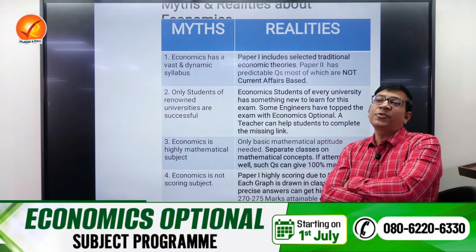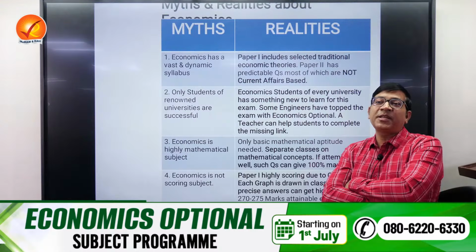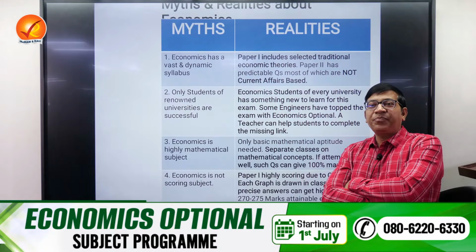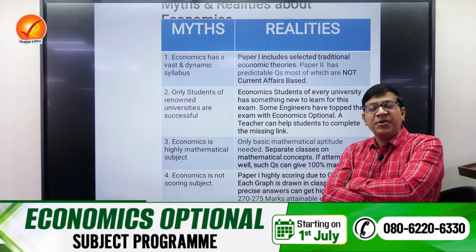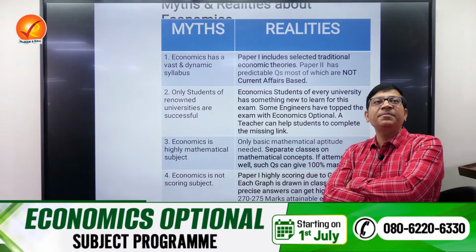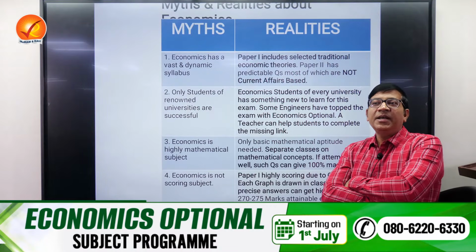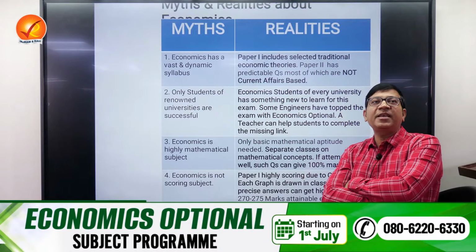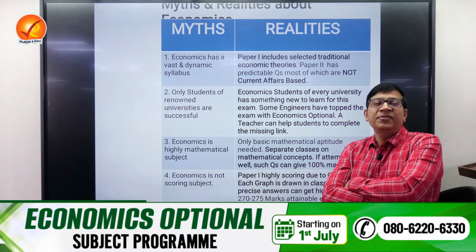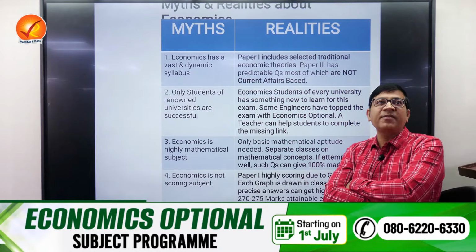You should definitely go for economics optional if you are very comfortable in drawing graphs and understanding them. Although we'll do these things in the class, if graphs are very scary to you, then think again. Since you had economics as your minor, you must have done some graphs.